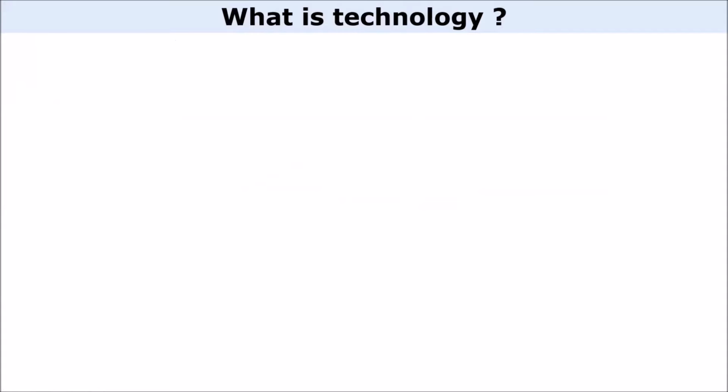Technology is actually a combination of two words, right? I think you have heard before of technique. This is not an English word. Technique is a Greek word, a combination of techne and logia, the two Greek words. Techne means art or skill.